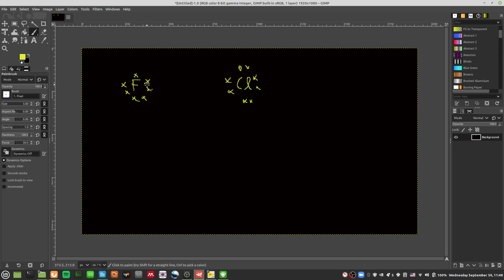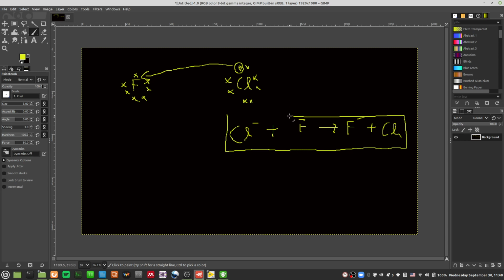The fluorine is so reactive, and it wants that extra electron more than this chlorine. So it will arm wrestle this extra electron to come over here. It can be any one of these electrons for that matter. So if you have Cl minus plus a fluorine, the likely case is that the fluorine will arm wrestle this electron away from the chloride ion. This is in effect how displacement works, or one way of thinking of displacement.